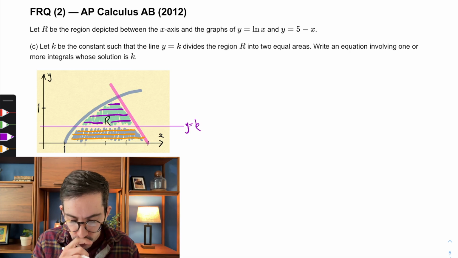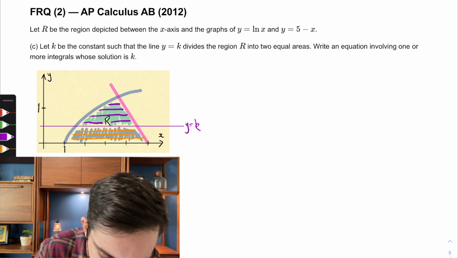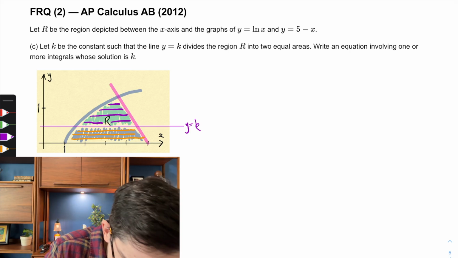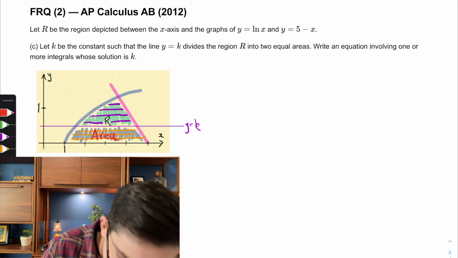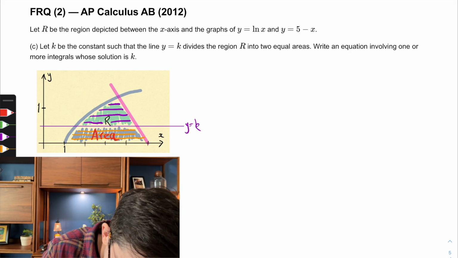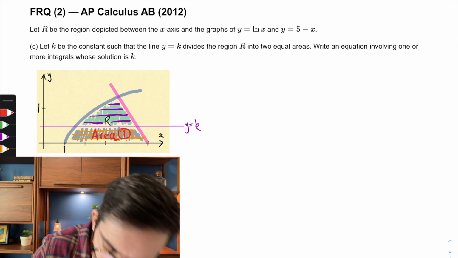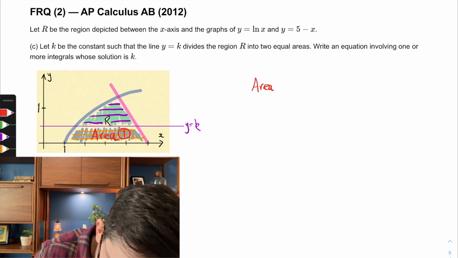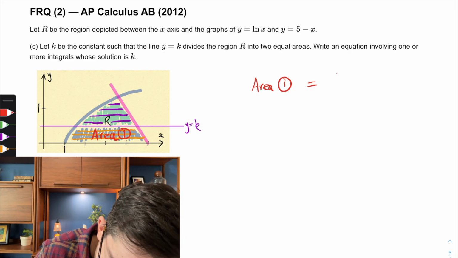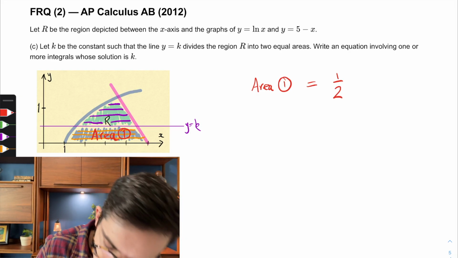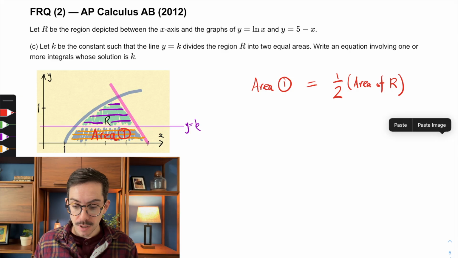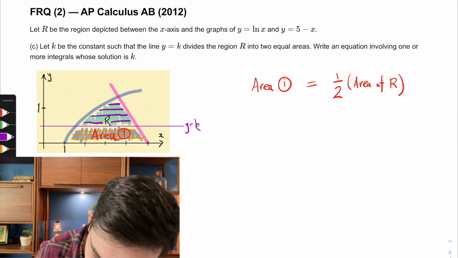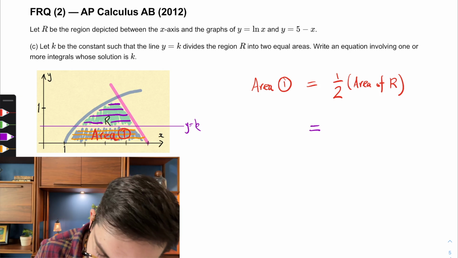Okay. So what we are really saying is when I do one of these integrals to get that area, let's call that area 1. Well, area 1 is supposed to equal 1/2 the area of the whole region R. So I figured out the area of R earlier, right?